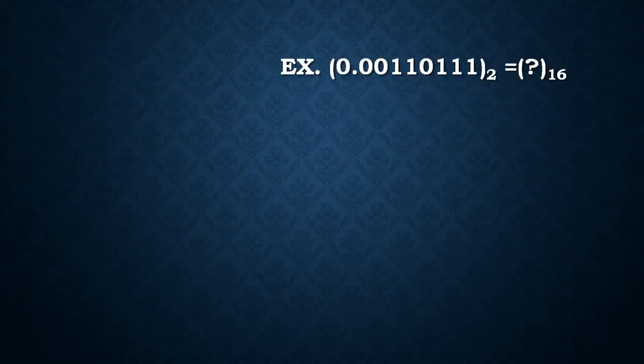Again we take another example. We take a binary number with a binary point, and we have to convert this fractional binary into the hexadecimal number system. Again we write the point as it is and we start the grouping towards the right side. We first create the group 0011 and we get the second group 0111.